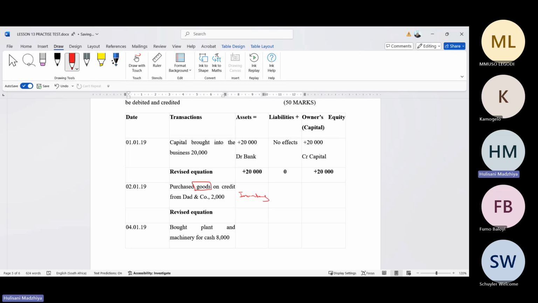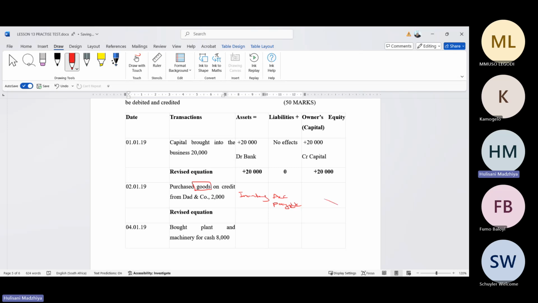So we need an account that will have to be credited or that was affected. In this case, the account is what we call accounts payable, because now we'll be owing the creditor, who is Das and Co, for giving us inventory worth 2,000.